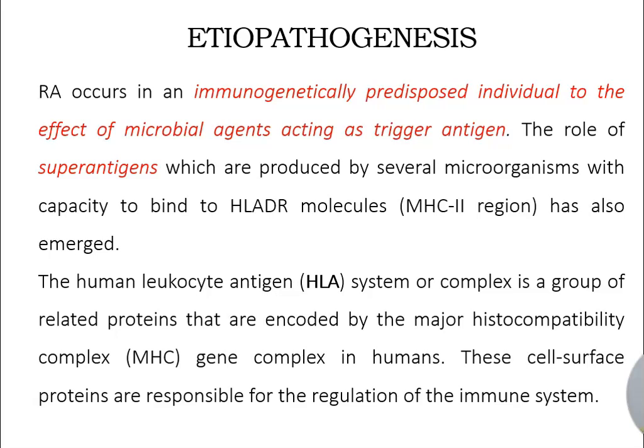The human leukocyte antigen, which we also call the HLA system, is a complex of related proteins generally encoded by the major histocompatibility complex in humans. These cell surface proteins are responsible for the regulation of the immune system. So whenever there is some problem or missignaling in the HLA system, it may lead to activation of the autoimmune process. That is a very key and important factor in rheumatoid arthritis.